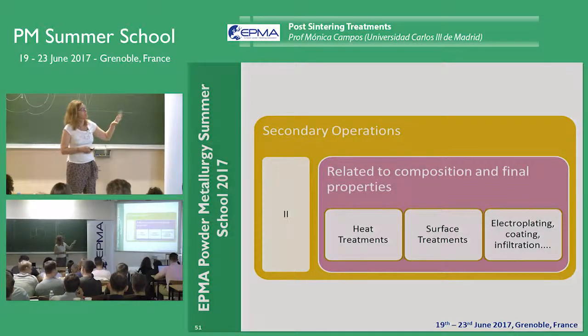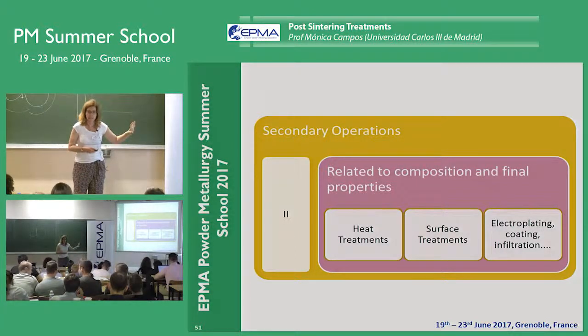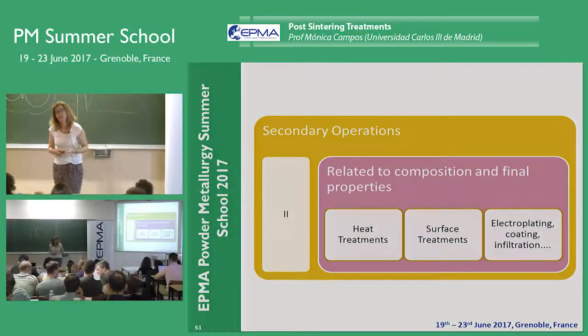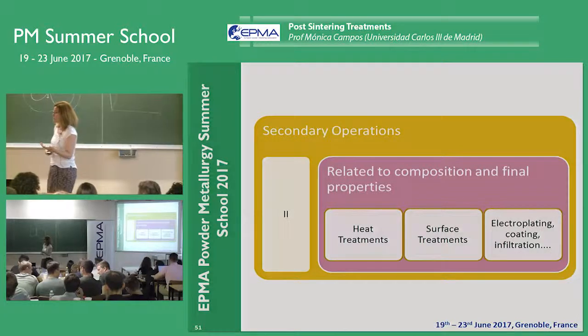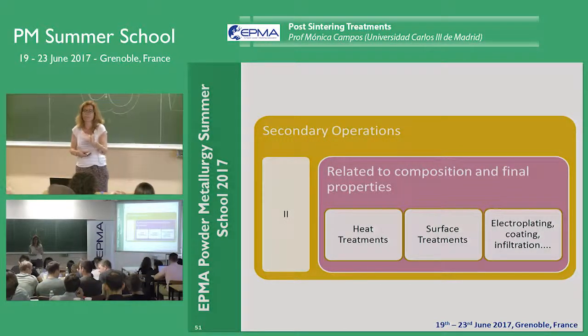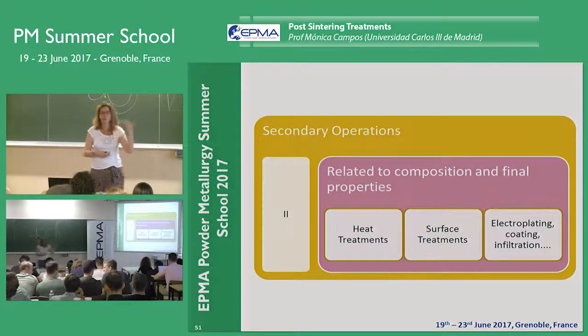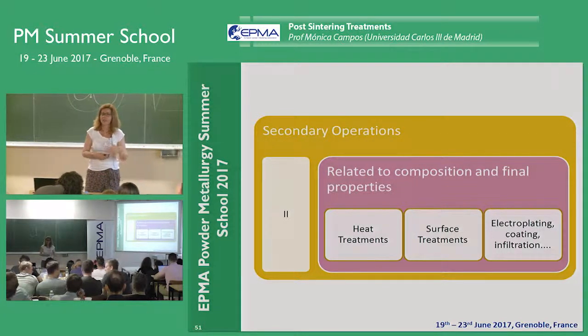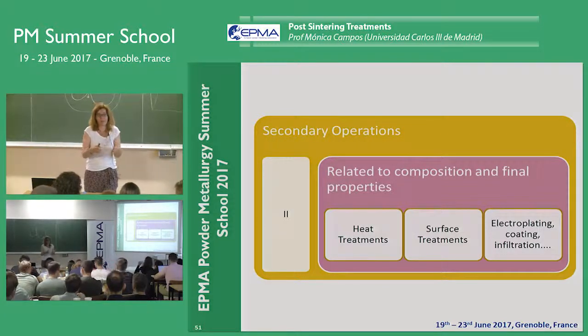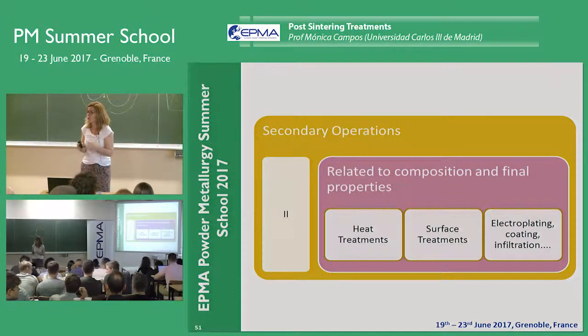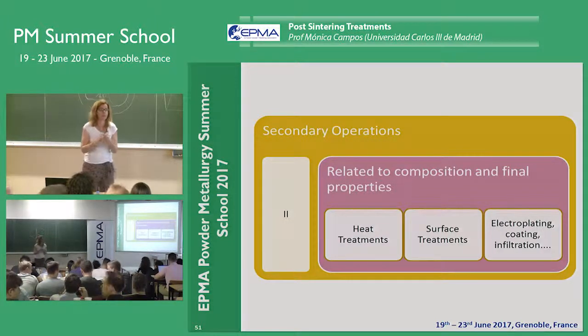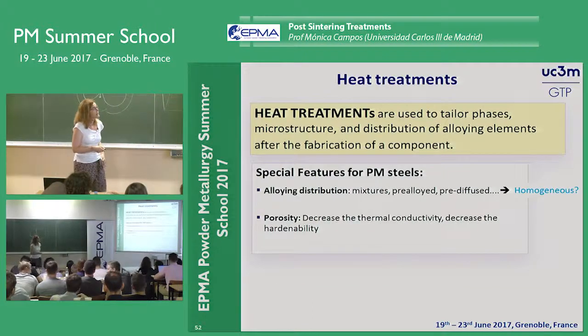I center this one on PM steels, low alloy steels. Of course, there are a lot of other treatments that we can apply, for instance if we are working with aluminum, Inconel, or super cobalt alloys, but I have to select some of them. In case you need more information for other families of materials, please contact me after this summer school and I can give you more information.